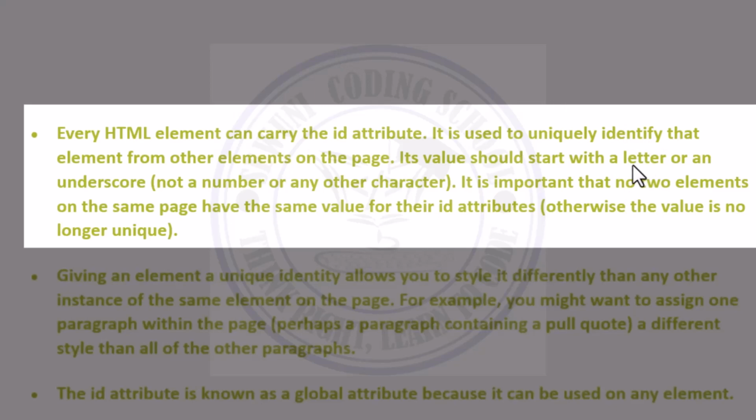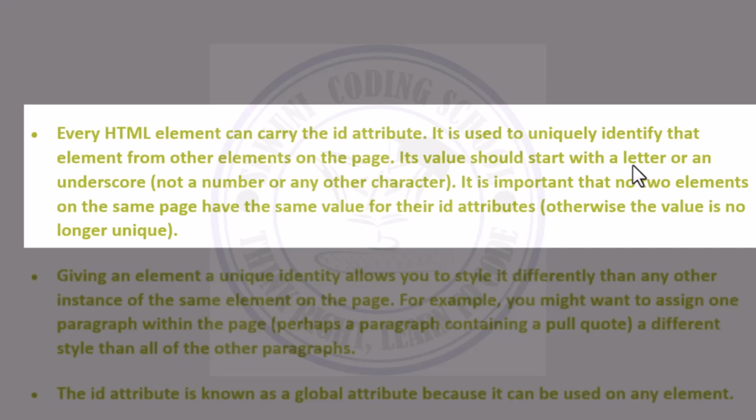That means you cannot use a number or a special character other than underscore to give a value to the ID. It is important that no 2 elements on the same page have the same value for their ID. So if you have given the first paragraph an ID of come, don't give the same ID value to the second paragraph.